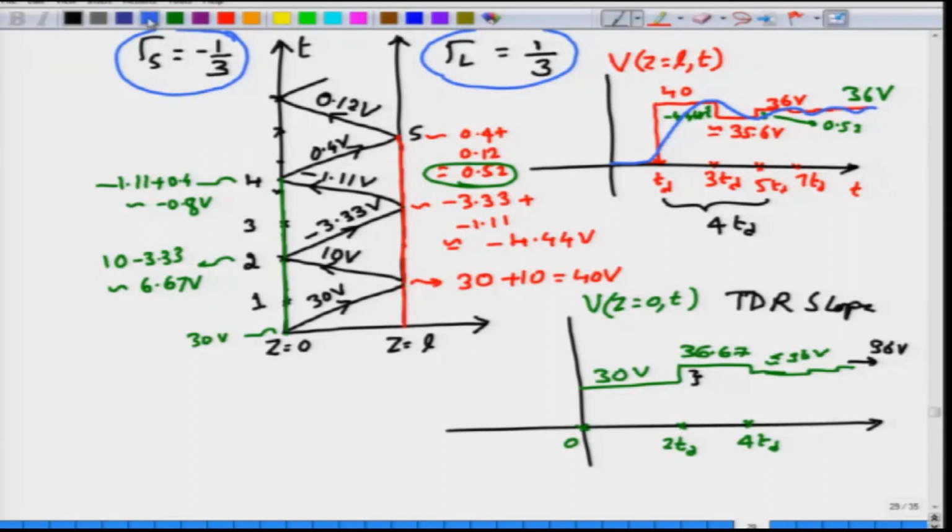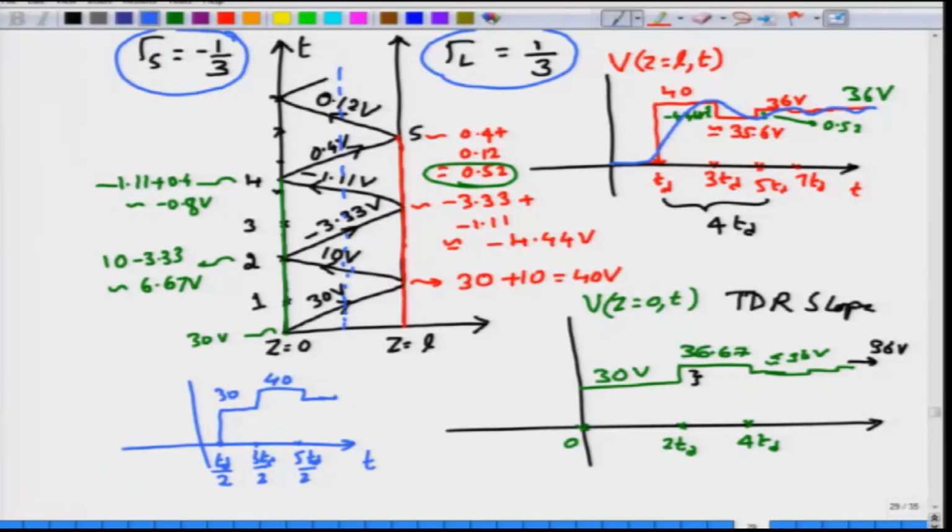Finally, I am not done yet. I want to look at the voltage in this particular way, that is at the middle of the line, and that is rather easy to construct. So, at time t equal to 0 nothing, at time t equal to Td by 2, you have a voltage of 30 volt, which will again change from 30 to 40 at 3 Td by 2, that is 1.5 times Td, and then it will go slightly down at 5 Td by 2 and so on.